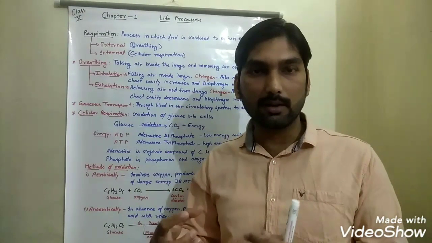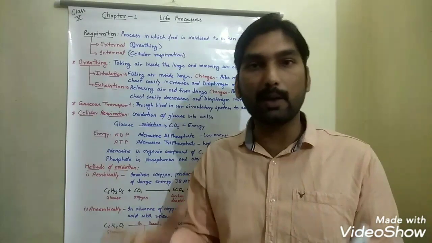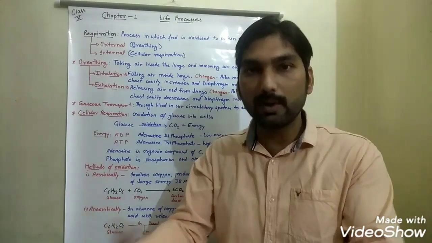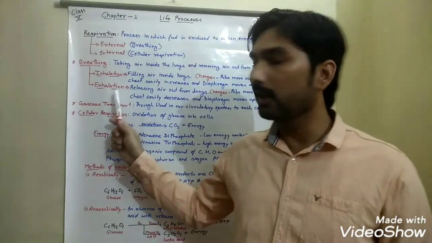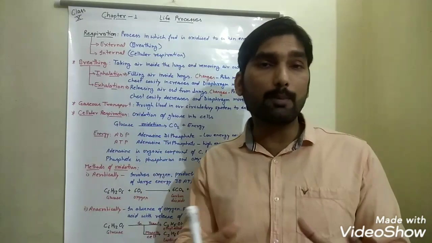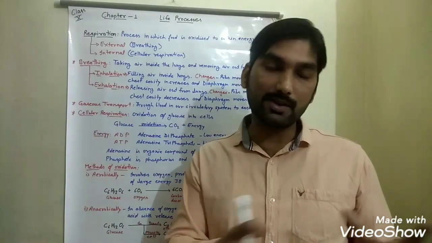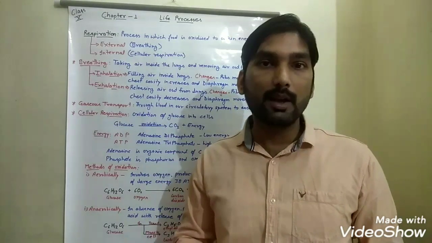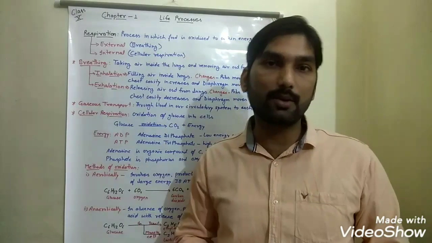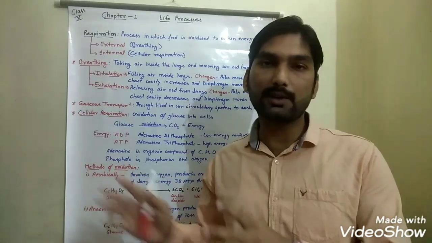And when the exchange of gases has happened, we remove the air during the exhalation process. One very important question asked in the examination is: what is the site for exchange of gases during the respiration process?